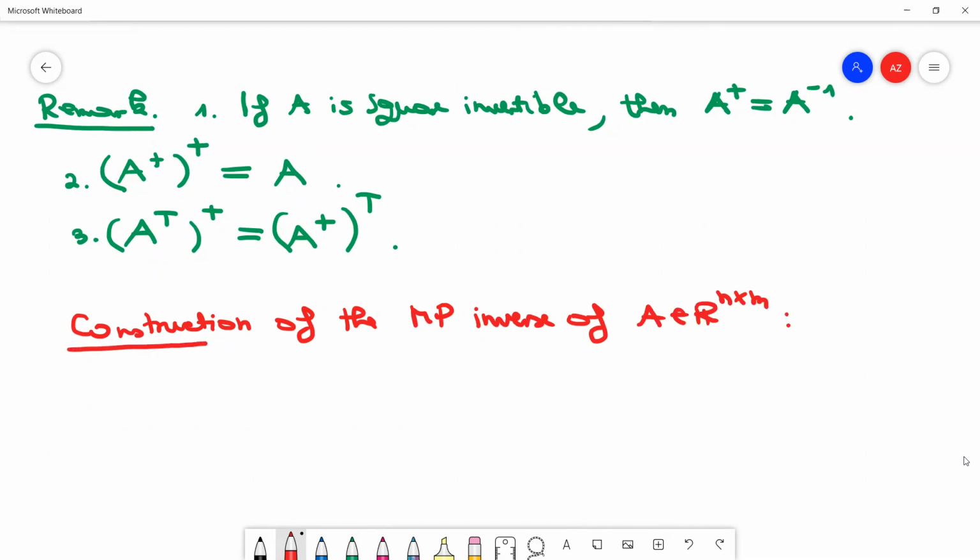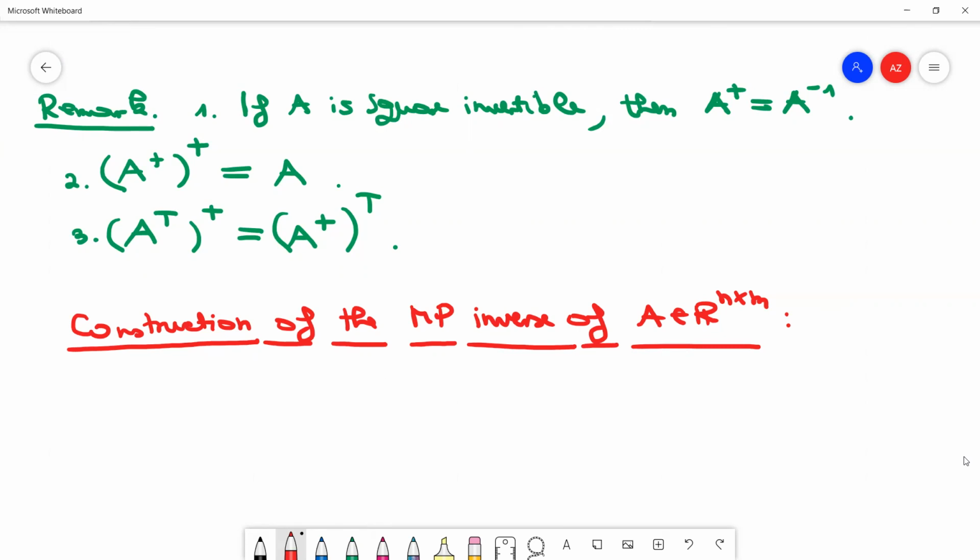We will start with three special cases, because if we know that the matrix satisfies one of those three cases, then it's easier to just calculate the Moore-Penrose inverse by the construction we will shortly show. And it will also give us an idea how to calculate the Moore-Penrose inverse of a general matrix A.